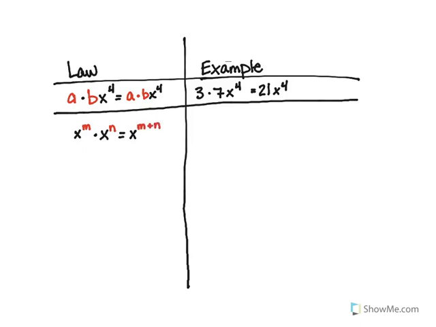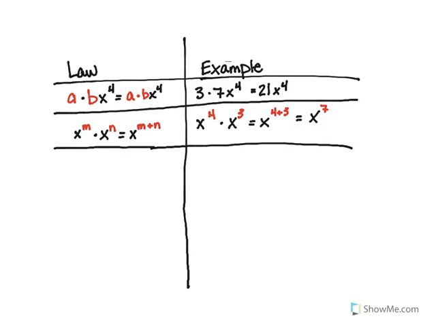So for example, if I have x to the fourth times x to the third, that means I'm going to do x to the fourth plus the third, and I'm going to get x to the seventh. So that's super important that you make sure you add those numbers, not multiply them, because that is a different rule.